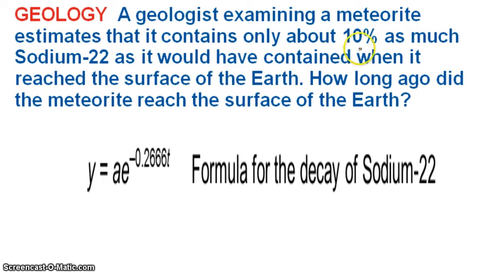If I have 10% as much now as I did whenever it landed, I've got 0.1 of my starting amount equals my starting amount and then e to that equation that we just found. Now I've got to isolate my e, so very nicely I just get rid of the A on both sides.